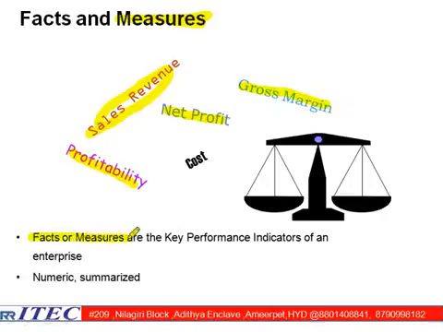Facts or measures, sometimes we also call them facts. Facts or measures are the key performance indicators, KPI, of an enterprise. Suppose I give the example of my institute: you want to understand whether it is running smoothly or badly. To understand that, if I give only one parameter, what is my expenditure, what is my revenue?